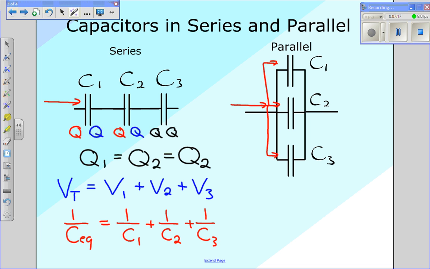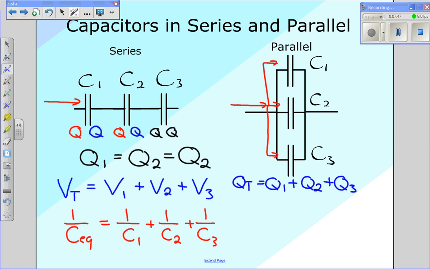So there's no need for the charge to be the same on every single one of these. So in this case, we know that the charges on each of these capacitors add up to a total amount of charge built up on all three. And so I'll represent that here as Q total in these three capacitors is equal to Q1 plus Q2 plus Q3.